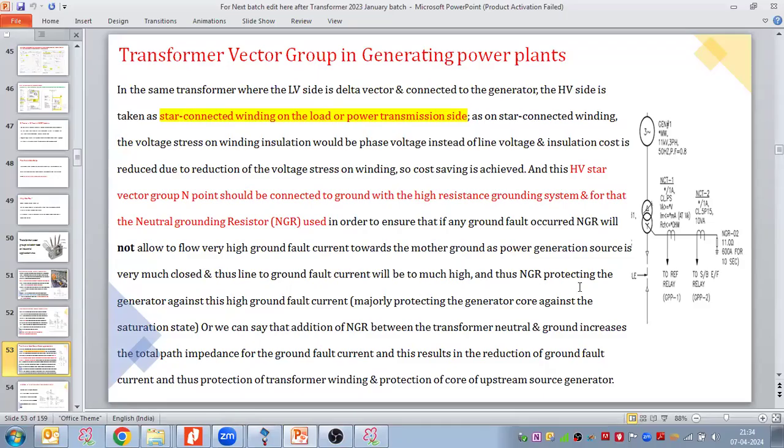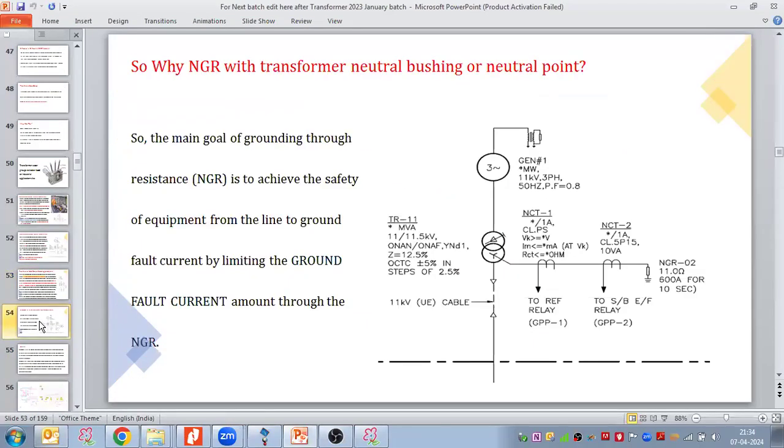This NGR protects the generator against the high ground fault current. And the point that we have discussed is that the main goal of grounding through the NGR is to achieve the safety of equipment from the line to ground fault by limiting the ground fault current.